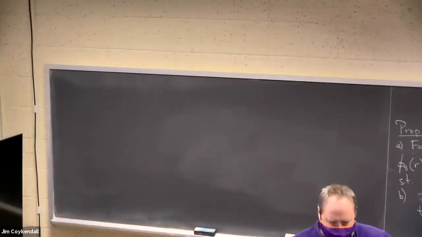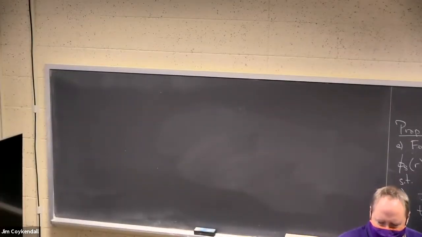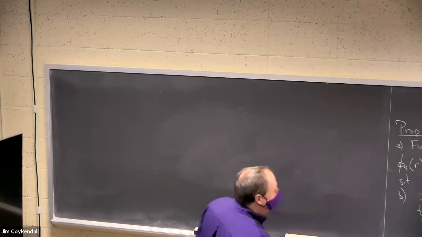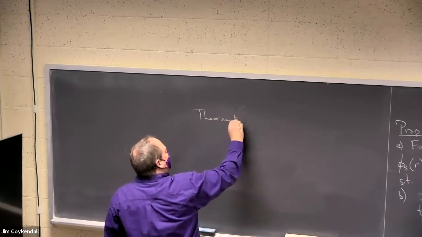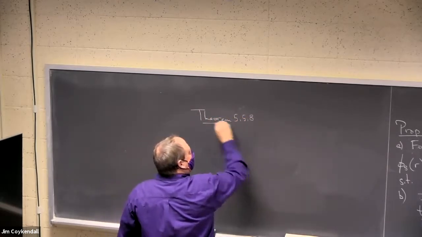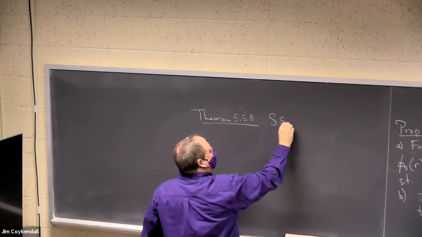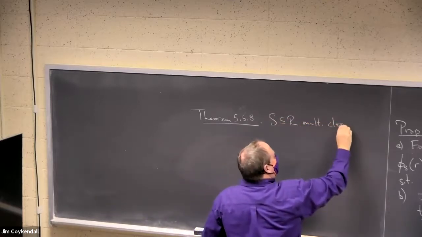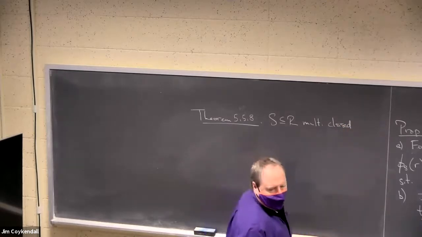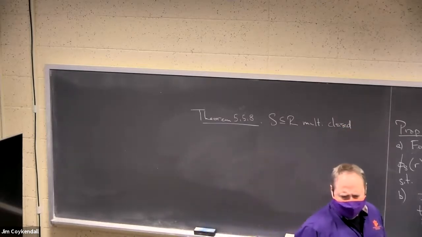So here's the first warm up. Let S be a multiplicatively closed subset of a commutative ring R. R is just a commutative ring.